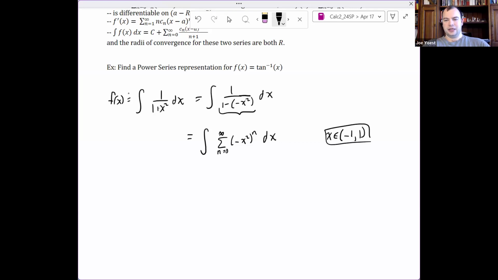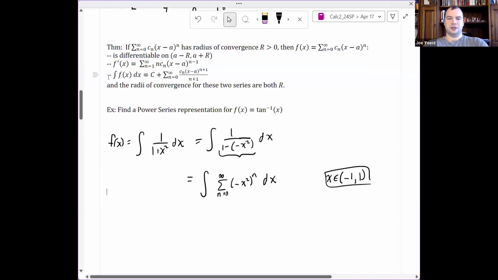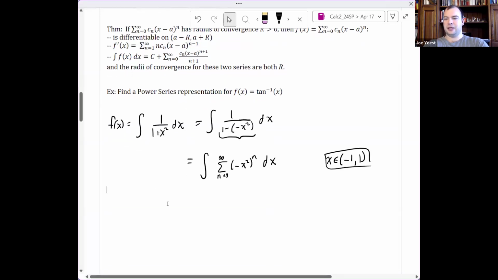And now, again, if I want to integrate a series, really what this is saying is I can switch the order of the integral sign and the summation sign. That's what this is saying as well, that I can move the derivative from outside of the sum to inside of the sum. I can essentially swap the order of summation sign and integral sign, or summation sign and differential operator.